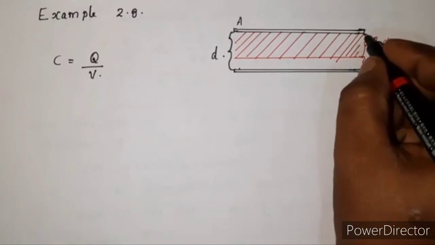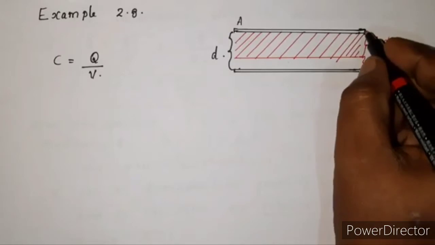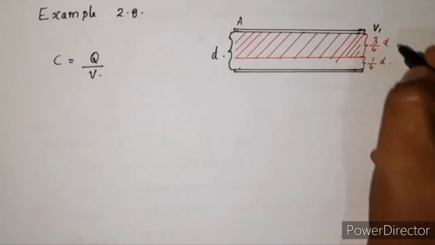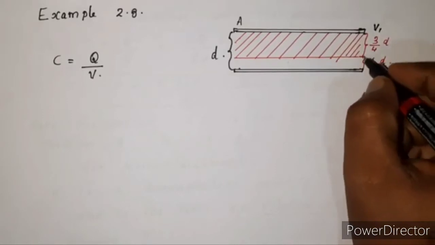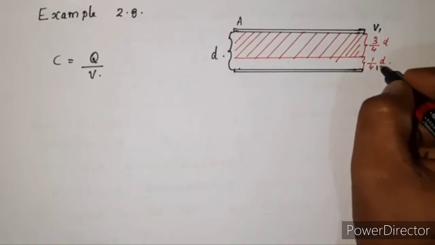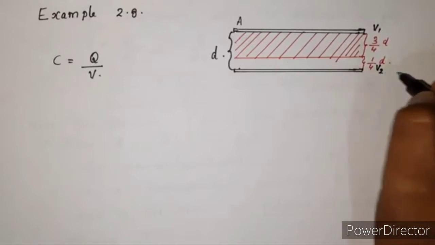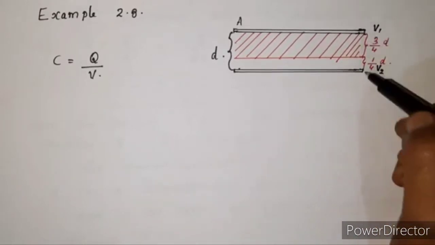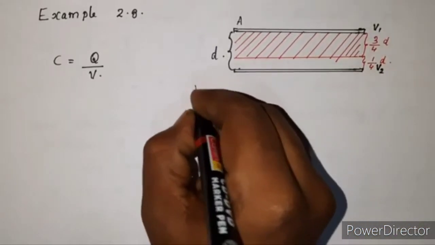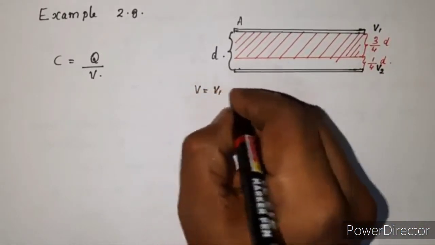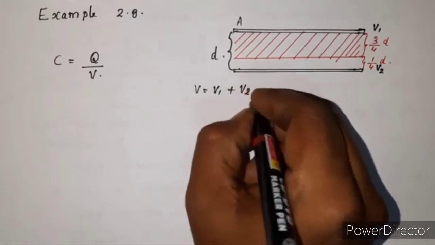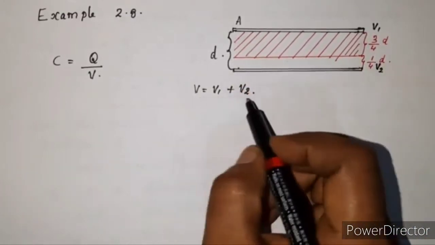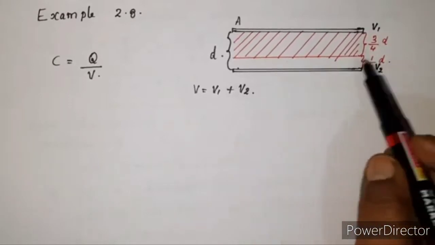Suppose the potential difference across the dielectric is V1, and across the 1/4 of the separation the potential difference is V2. Then the potential difference between the two plates V will be equal to V1 plus V2, just like a series combination.